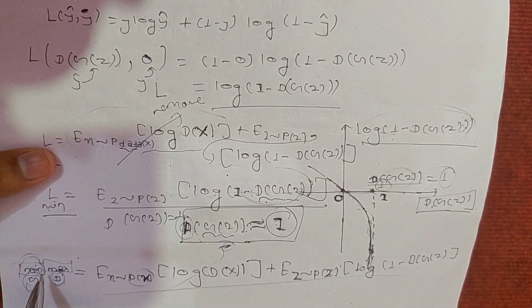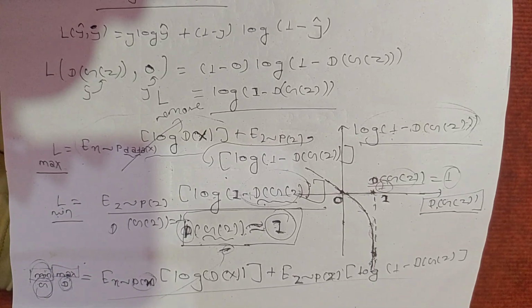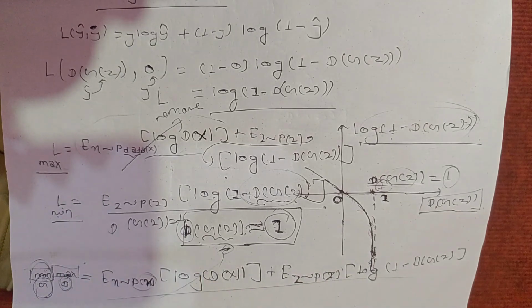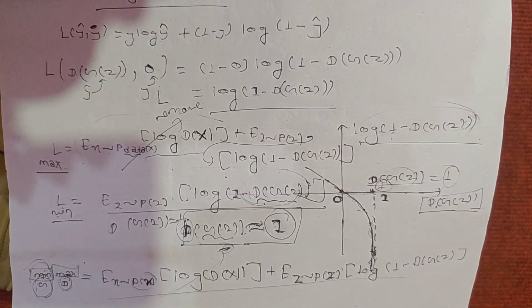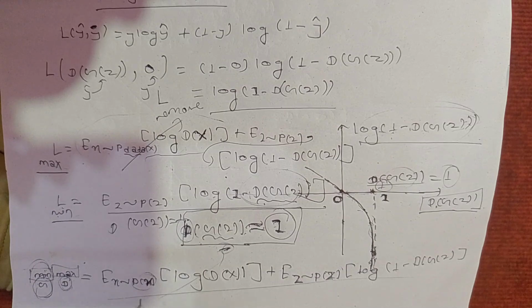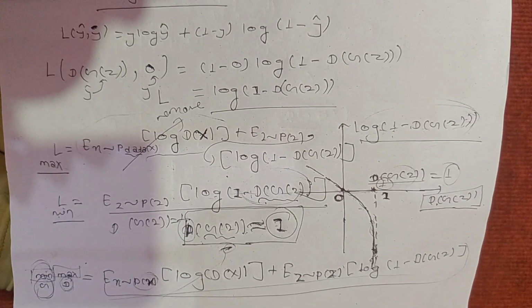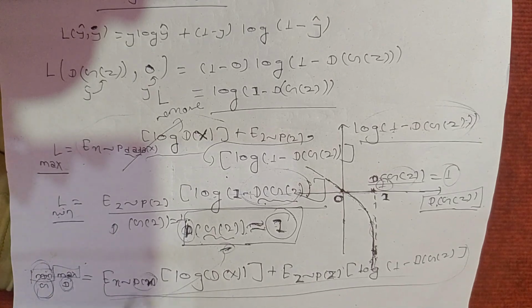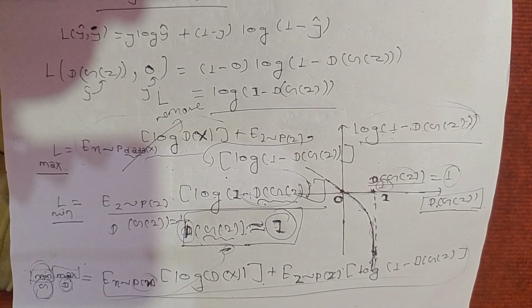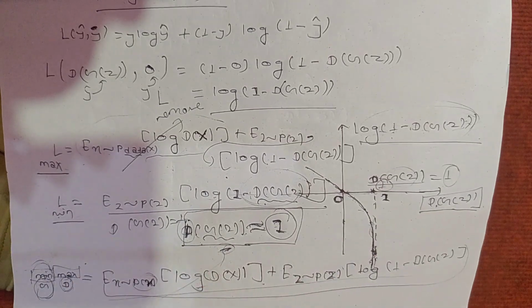To make the generator better, we have to minimize this objective, and to make the discriminator capable, we have to maximize it. First we maximize this objective with respect to the discriminator, and then the discriminator becomes more capable.